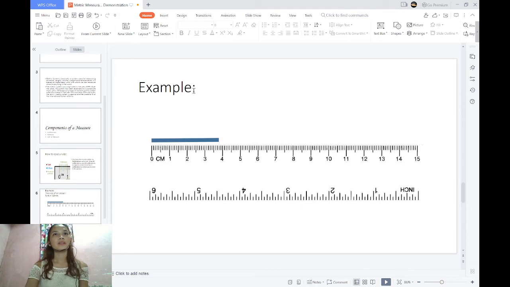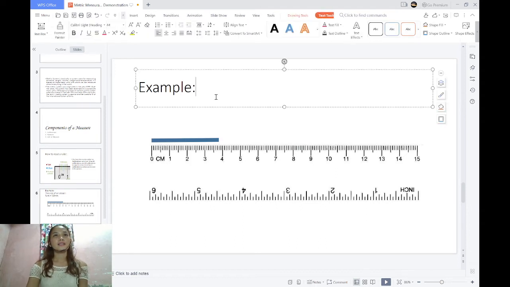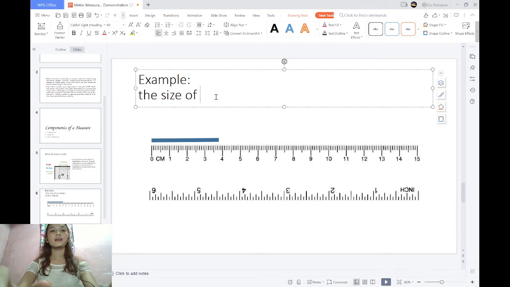This is the size of a nail of a nail cutter.